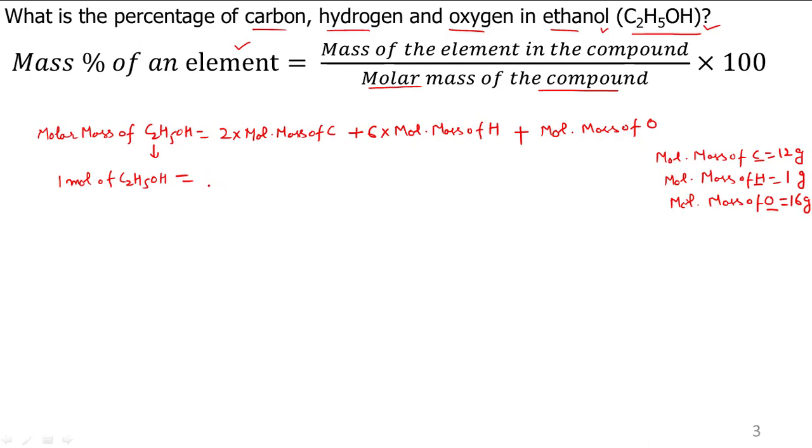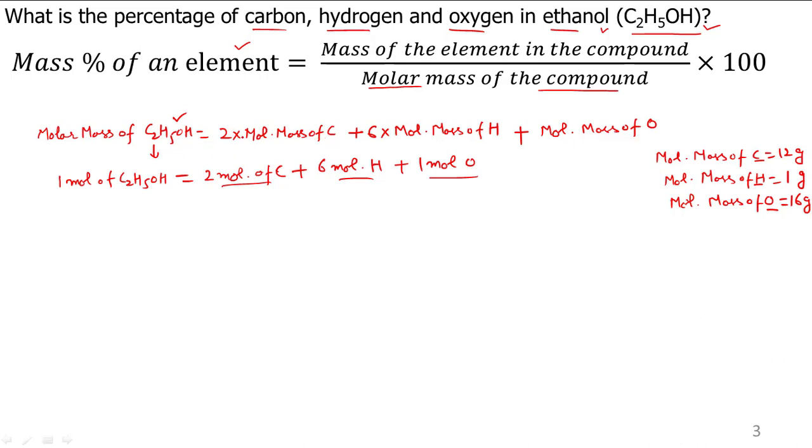So 1 mole of C2H5OH is equal to 2 moles of carbon plus 6 moles of hydrogen atoms plus 1 mole of oxygen. Now this formula says 1 mole of ethanol is equal to 2 mole carbon, 6 mole hydrogen, 1 mole oxygen. Now let us calculate the molecular weight of ethanol by using this formula.